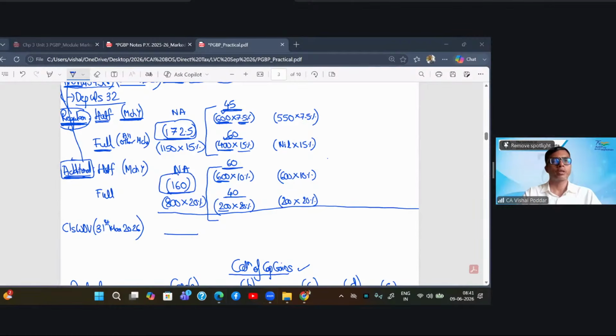So for additional, I do the breakup of cost. Cost is 600 and 200. 600, which is for Y, is taken in the half category, and 200, which is of X, is taken in the full category because of the 180 days rule.